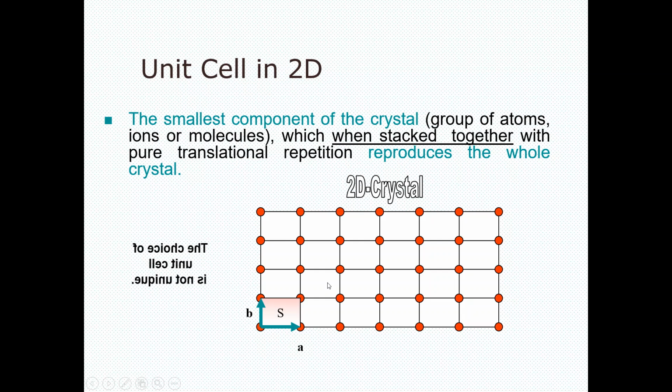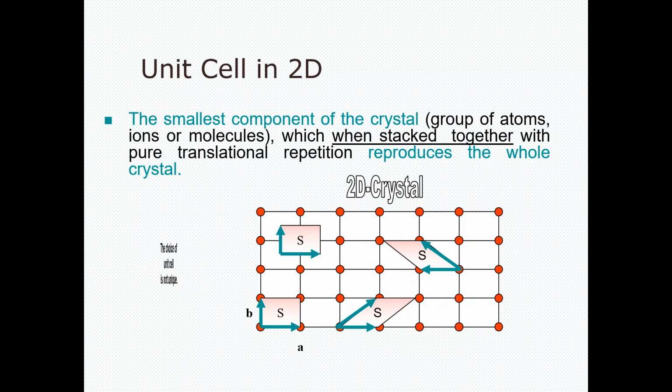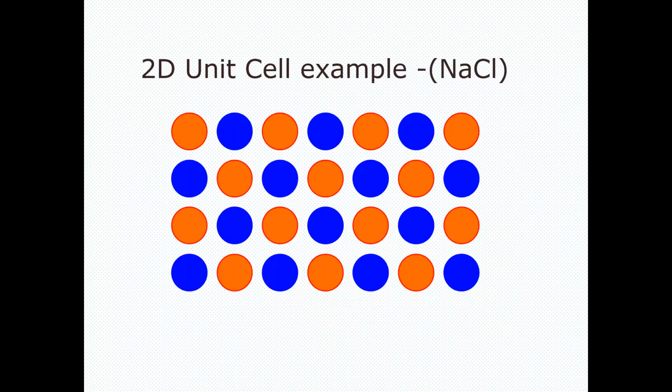Let me also tell you that the choice of the unit cell is not unique. Inside a 2D crystal, you can choose the unit cell just like you can see here, but remember, the choice of unit cell is not unique. You can choose according to your own requirement and your own understanding.